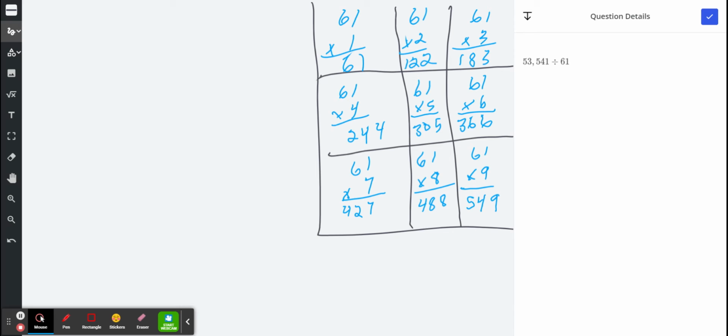Okay, now I'm going to set up my problem here. I need some more boxes, right? Because I have a 5-digit number that I'm going into. Let's see, 5, 3, 5, 4, 1.